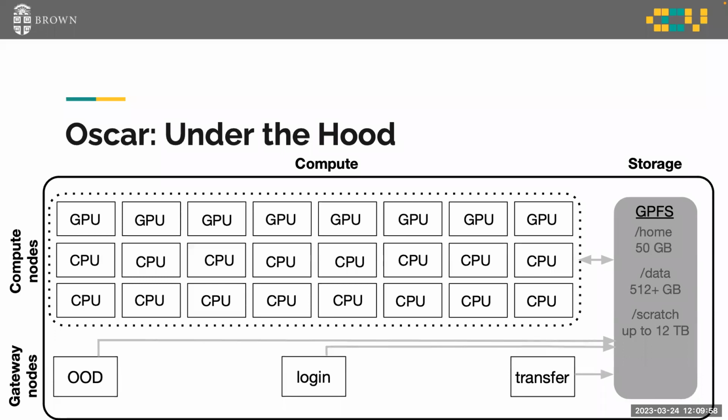What you do is, from these locations, either when you first log in, OOD, or the login node, you request resources for your job to get onto the compute node. And that's where Slurm comes in. So Slurm basically sits between the gateway nodes and the compute nodes. If you want to get onto the compute node, either interactively or to run your job in the background, you do it using Slurm.